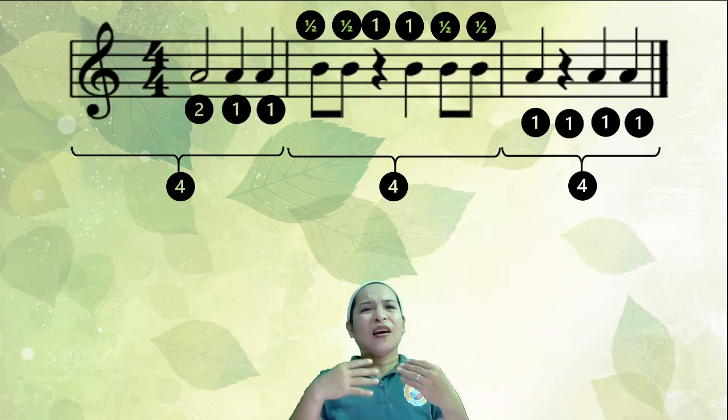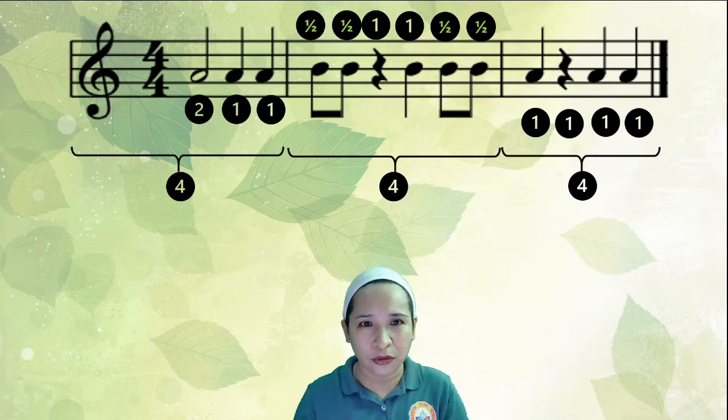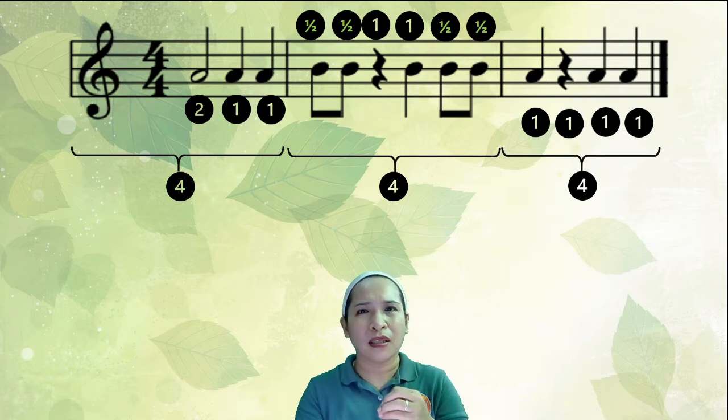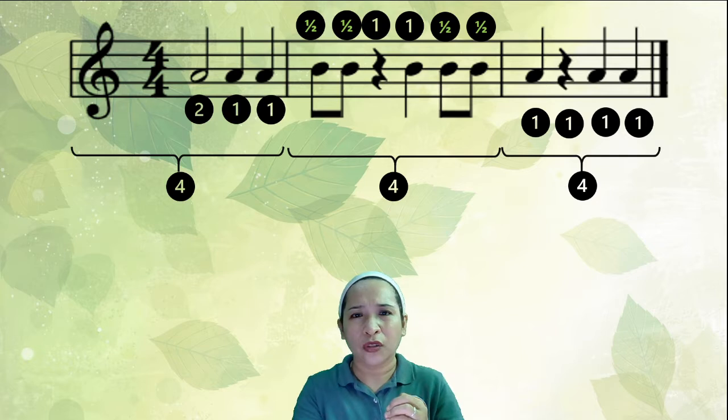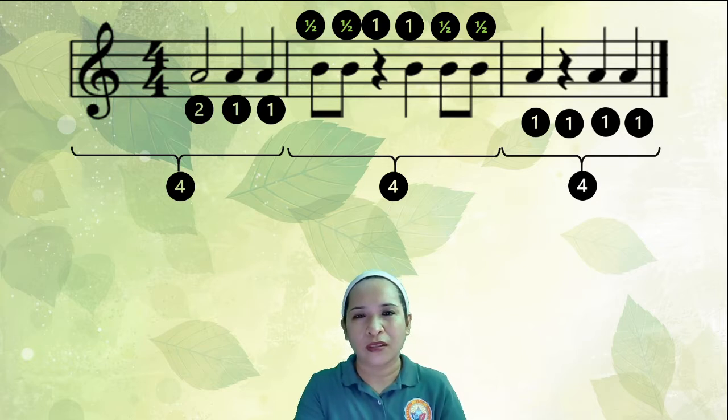So what other time signatures do you know? Maybe from previous years or the previous lesson I gave you. For sure you've seen this number. This is not 2 over 4, that is 2/4.